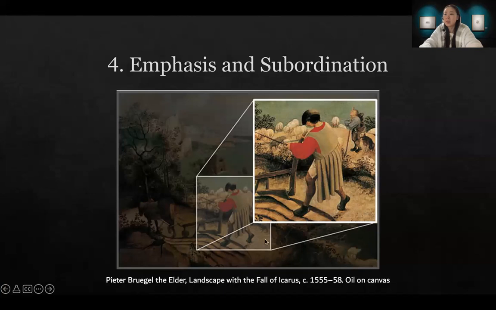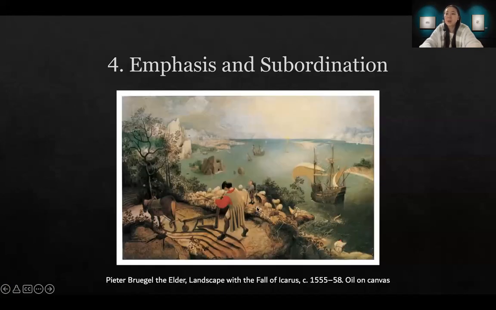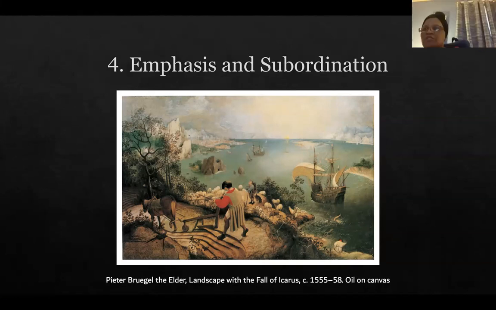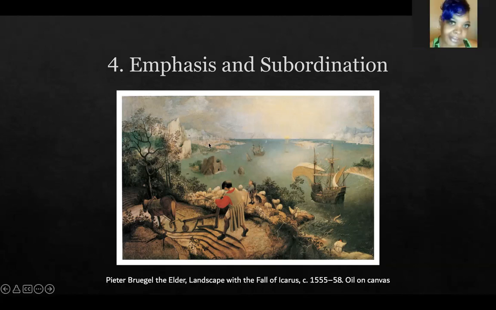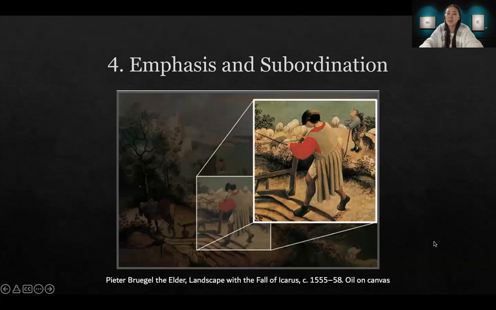Very good. So this part from the road to the ship is the emphasis part. And now, which part is the subordination? The distant hills. Very good. The whole background. Yes, the ocean. So this part is subordination. Very good.